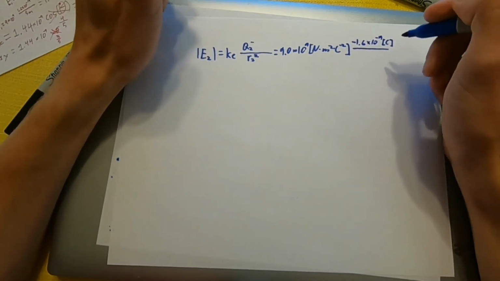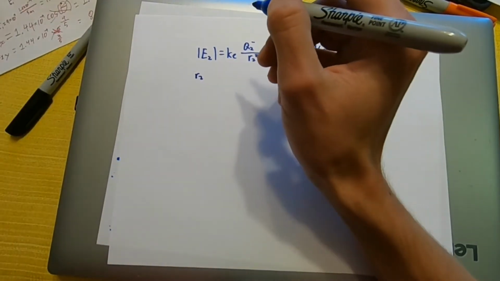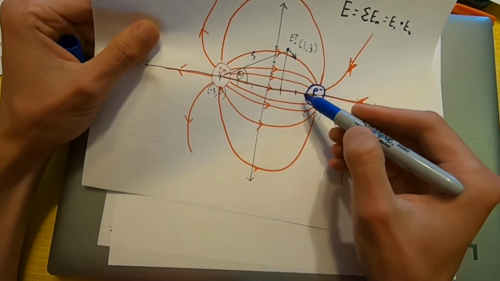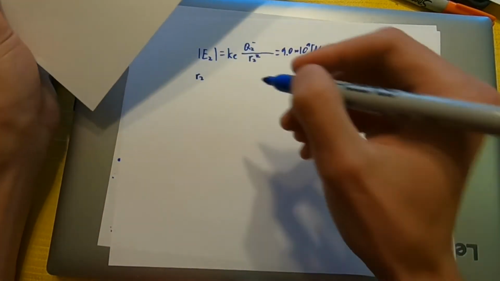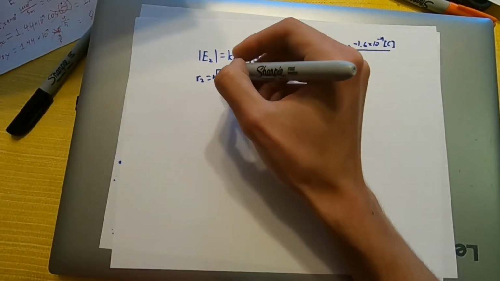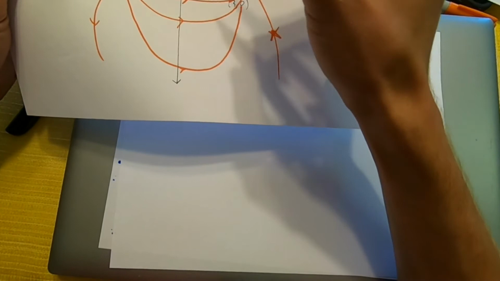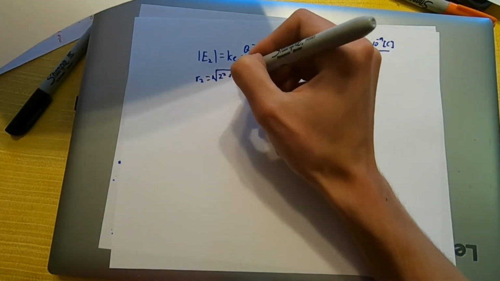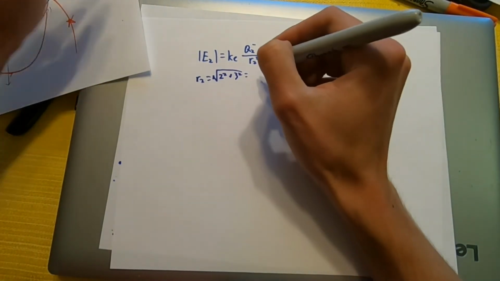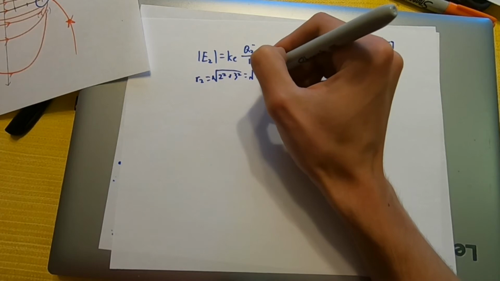all divided by R2 squared, and R2 is going to be equal to, so we're going back 2, so we have square root of 2 squared, we're still just going 3 up, plus 3 squared, which we're just going to draw as the result of root 13.